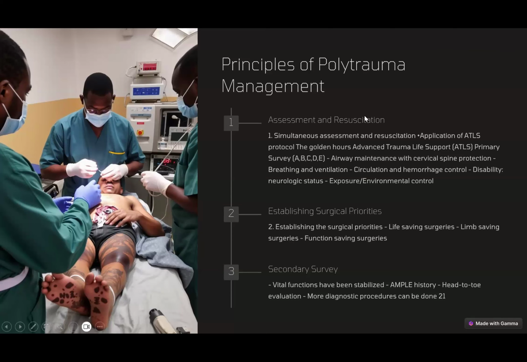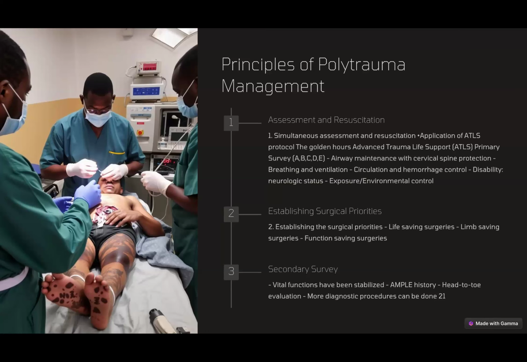So this is obtained to estimate the patient's physiological reserves, like their health before the accident and such. So after the AMPLE history, now you can even take a more systemic head to toe physical examination. Then you document your findings.